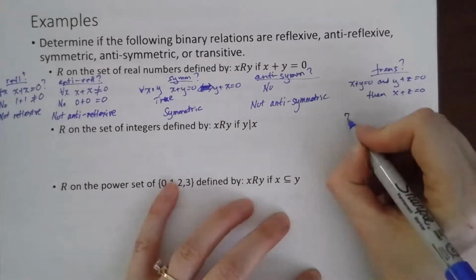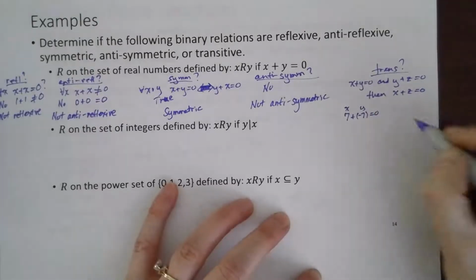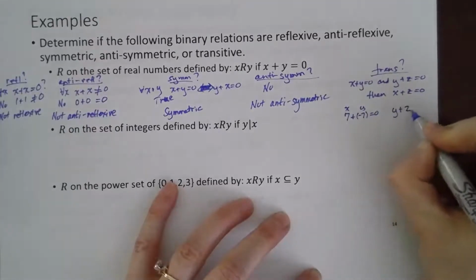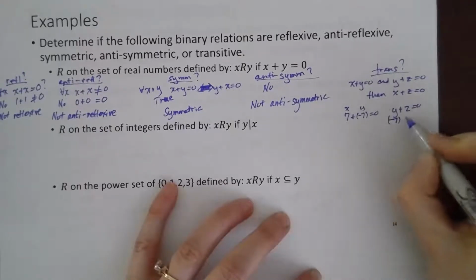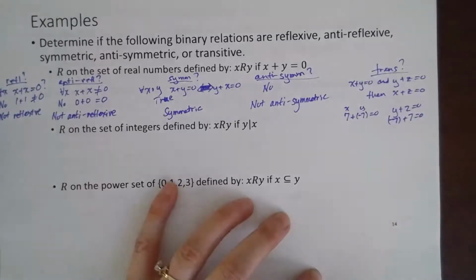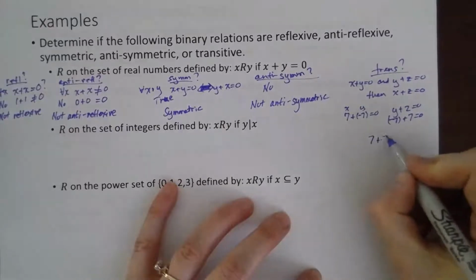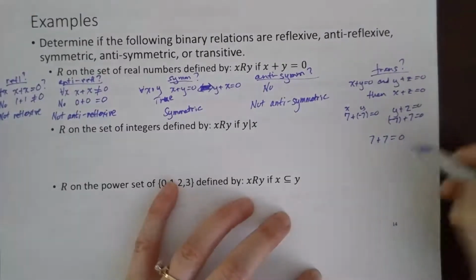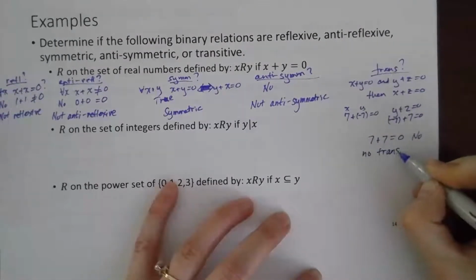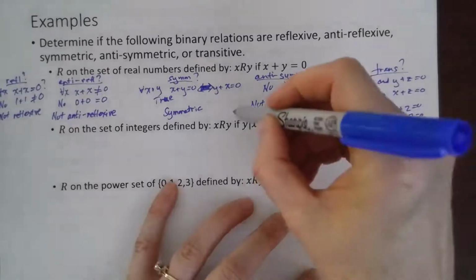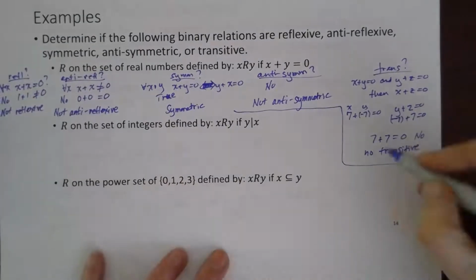So let's say x is 7 and y is negative 7. And then y plus z has to be equal to 0. Y we already said is negative 7, so z must be 7. So will we get that x and z are related? Is 7 plus 7 equal to 0? No, that doesn't work, so it's not transitive.